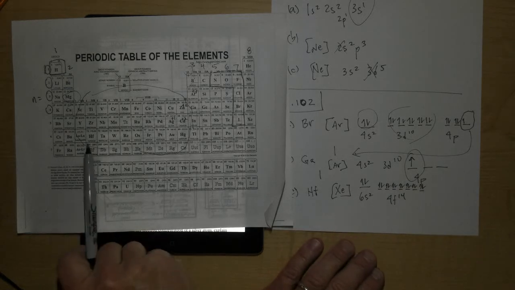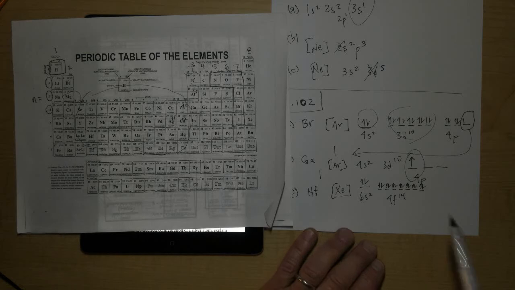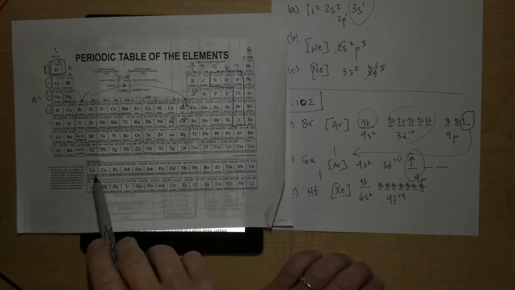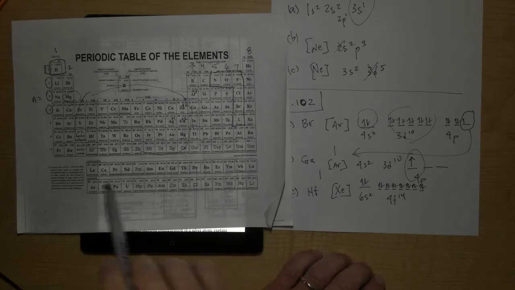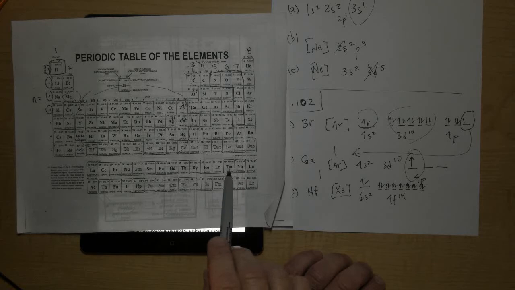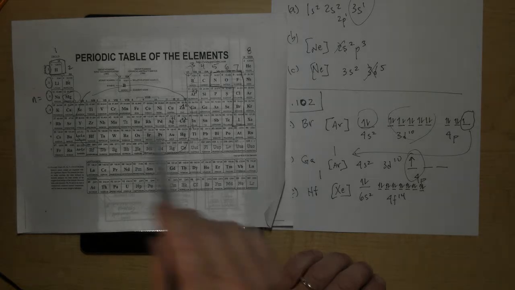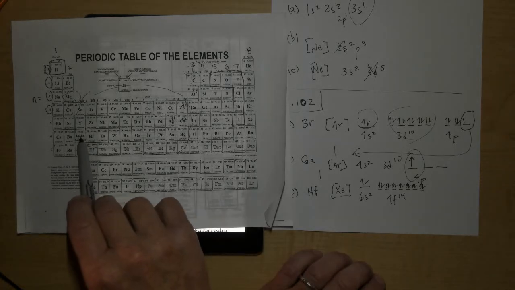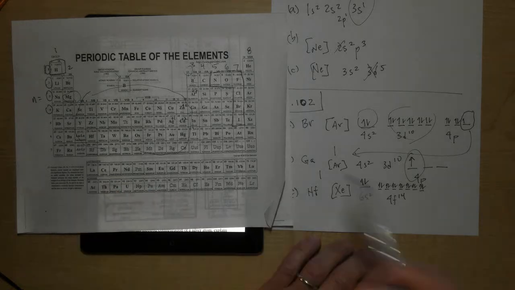And then we'd find hafnium right here. And so it'd be, let's see, 71 and 72. There'd be 71 right here that would actually fill this box, and 72 that fills that box.